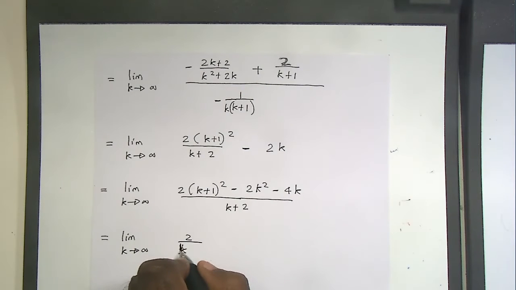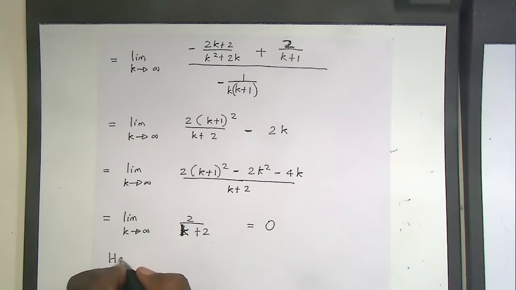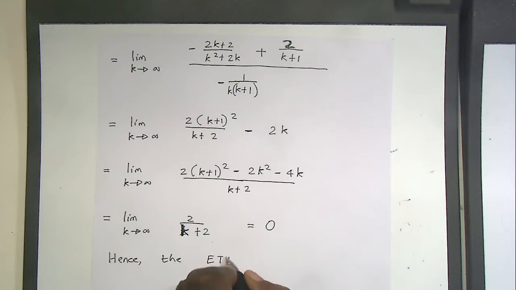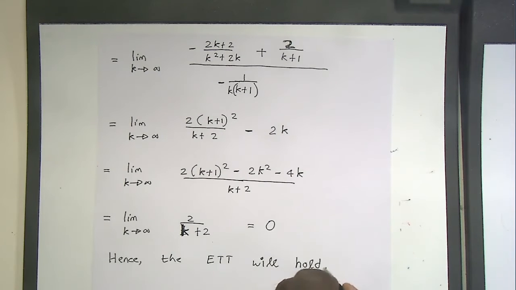Sorry, this is k plus 2, which is 0. So hence, the calculations are long, but it's not that difficult. Calculations are pretty routine. It's just a matter of using L'Hopital's rule and simplifying things. You get the limit to be equal to 0.